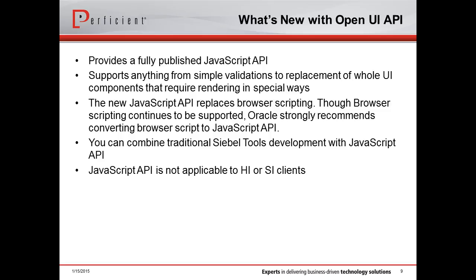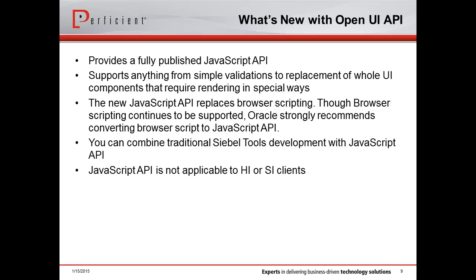The new JavaScript API replaces Siebel browser script from previous versions of Siebel. Browser scripting is still supported by Oracle, but Oracle strongly recommends converting your browser script to JavaScript API. This new set of tools allows you to combine your traditional Siebel Tools development and configuration with JavaScript API.